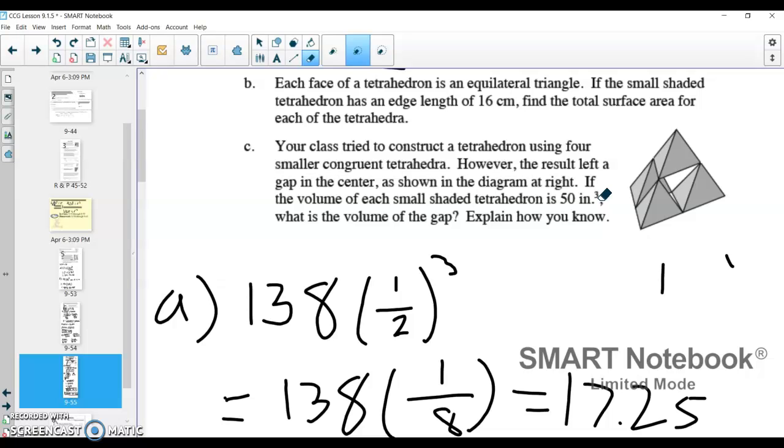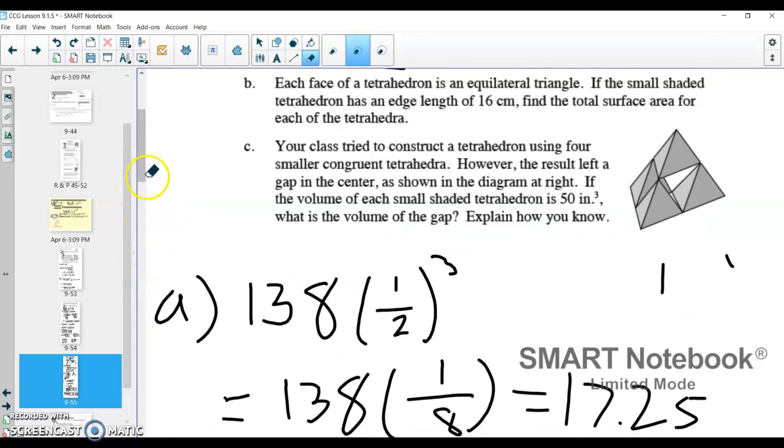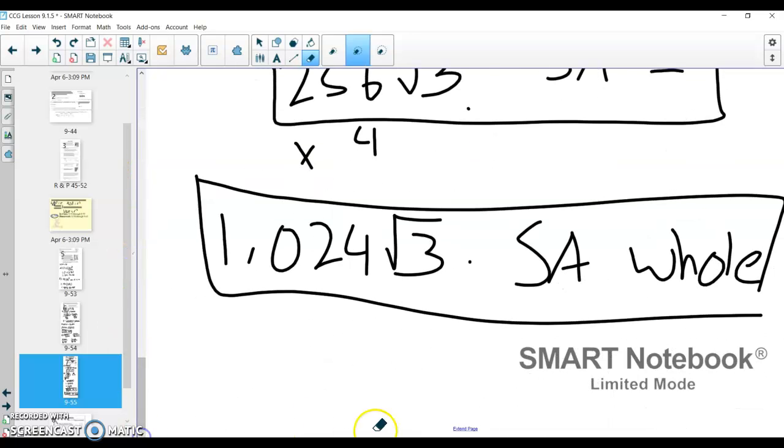Well, there's a really quick way to do this problem. When we work hands-on, which we would have been in class, you would realize that that gap right there could hold 4 small tetrahedrons. Believe it or not, that gap in the middle can hold 4 small tetrahedrons. I'm going through it quickly because, again, it's way better when you have the actual hands-on.